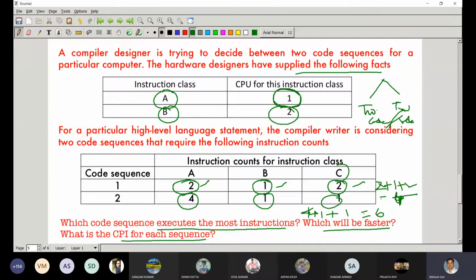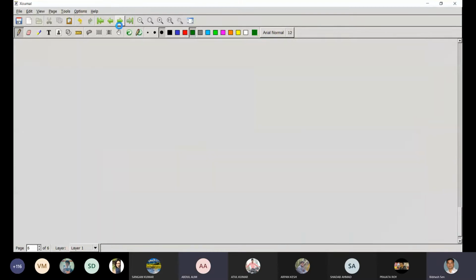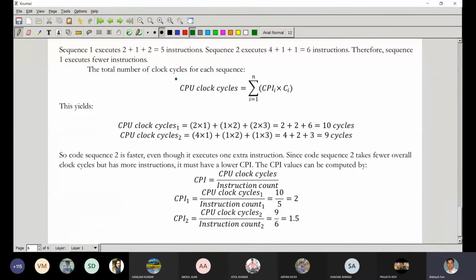Code sequence 2 has the most instructions. So we have written this formula here, the CPU clock cycles for the entire program.